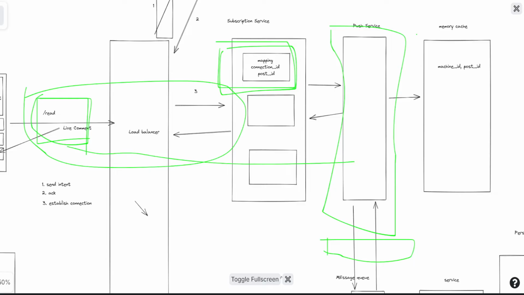But the idea is that this service has two responsibilities: fanning out comments that are currently in subscription for the current data center, and also sending the payload to other data centers, to ensure you're sending the comments to everyone that is subscribed to the particular post ID.